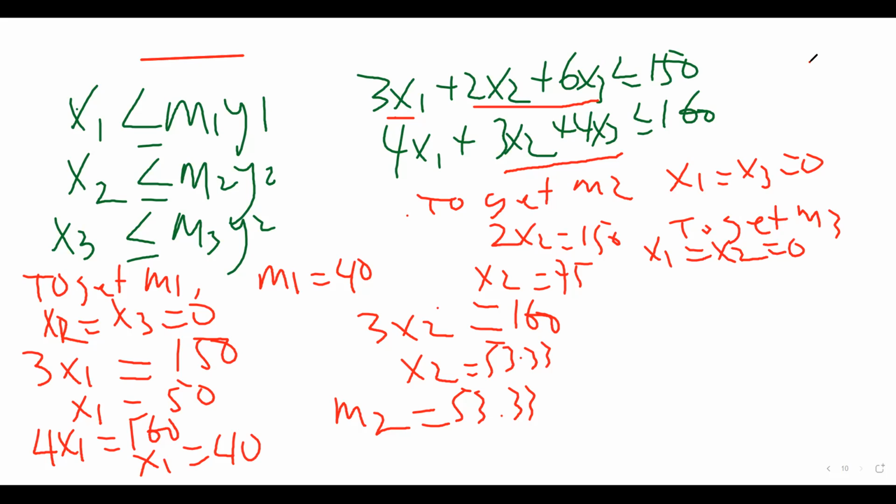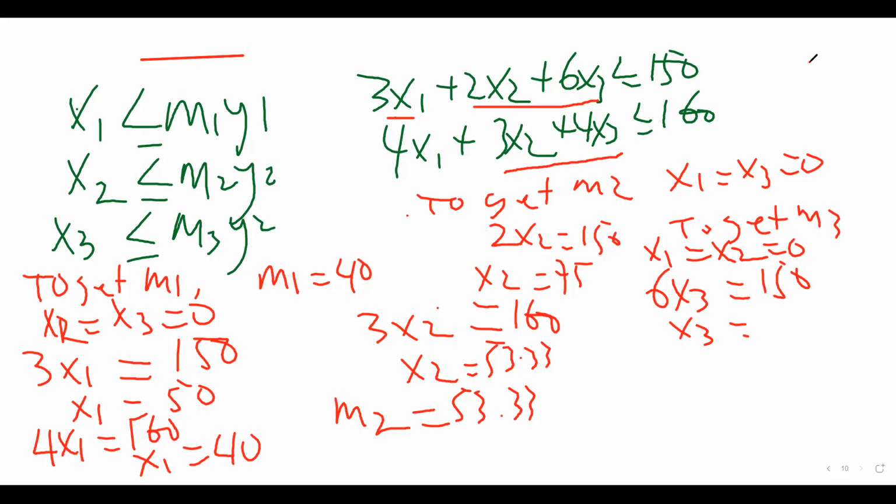In the first constraint, when you set the first two to be 0, you'll be left with 6X3 equal to 150, which means that X3 is equal to 150 divided by 6. What value is that? Who's going to help me with the final answer? 150 divided by 6?